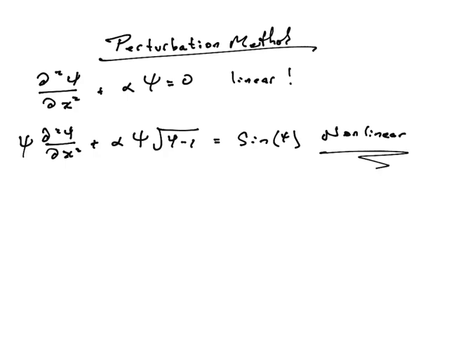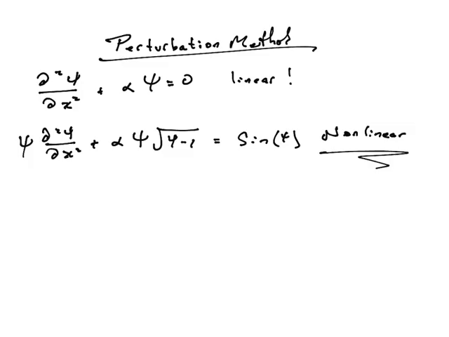Why is it nonlinear? Because in the linear case, psi, the thing you're trying to solve for, comes in linearly to the first power. No functions of psi. It's just psi by itself. In nonlinear cases, the function you're solving for, the psi, it comes quadratically maybe.